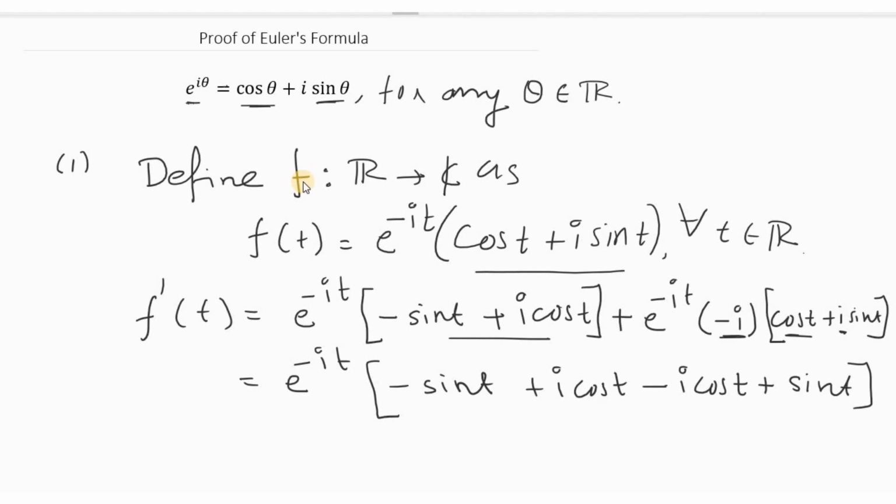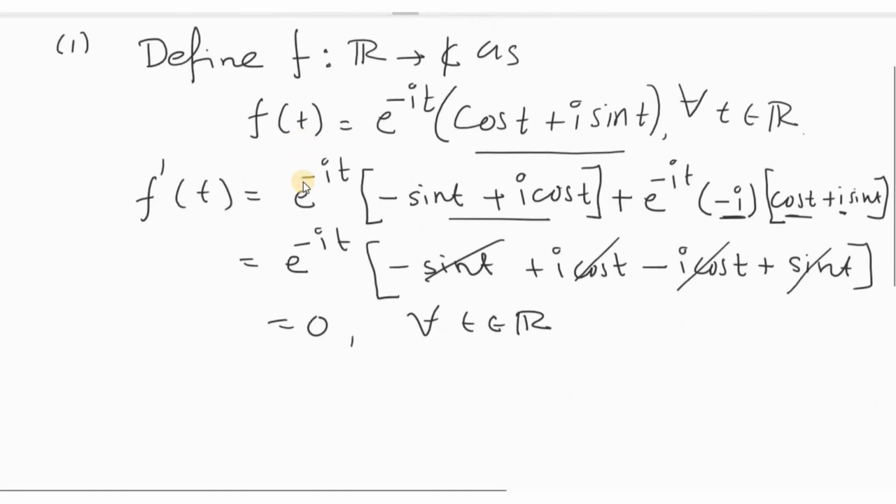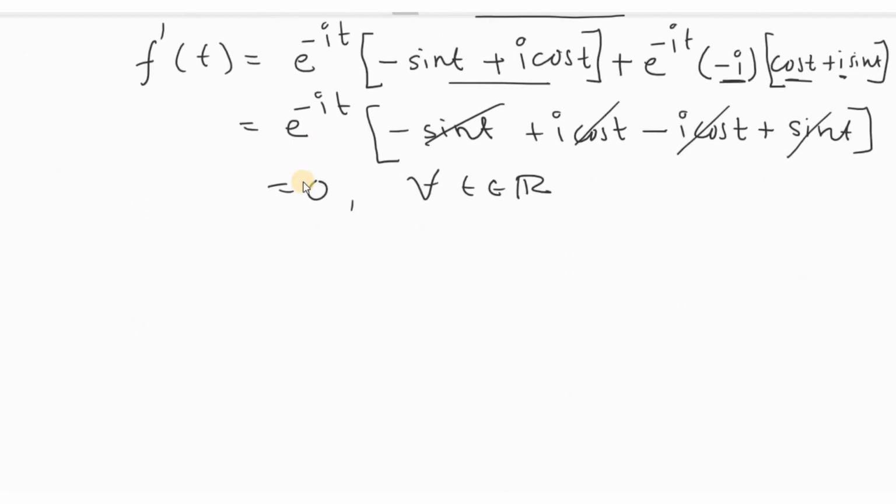So we can observe that this minus sin t will cancel with this plus sin t, and i cos t will cancel with this. So that's 0 for any t belongs to R. So that's why f dash of t is 0 for any t belongs to R, and therefore we can say that f is a constant function.